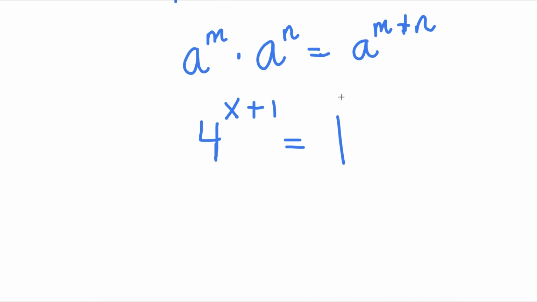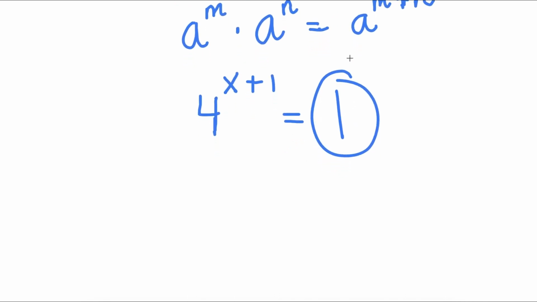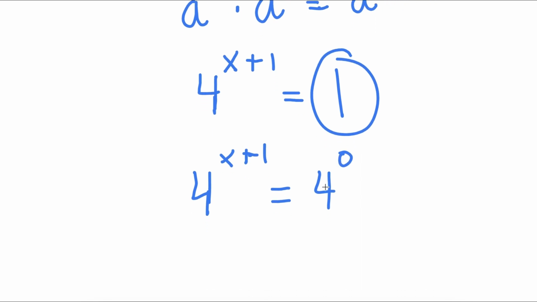Now 1 here is the same thing as 4 to the power of 0. So now I have 4 to the power of x plus 1 is equal to 4 to the power of 0.